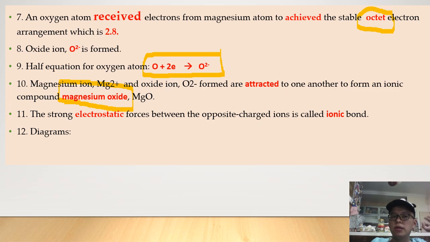So this compound is called an ionic compound. The force between two opposite charges we call electrostatic force, because they are positive charge and negative charge. And this bond we call ionic bond.